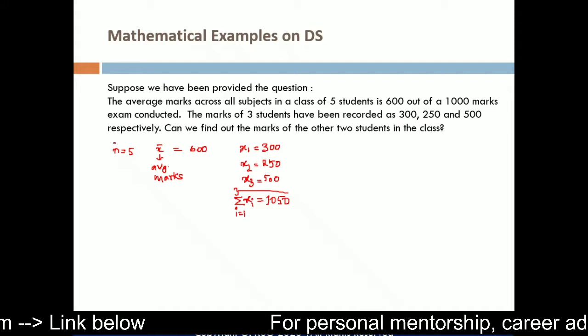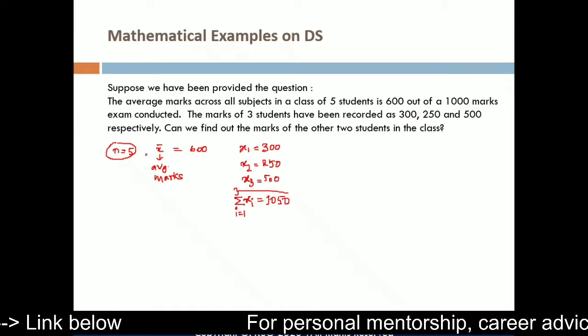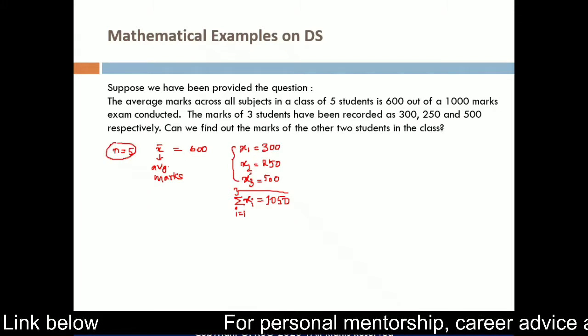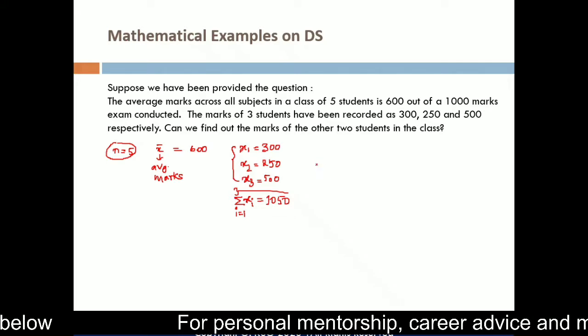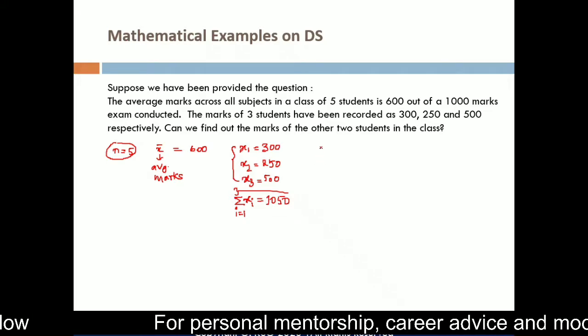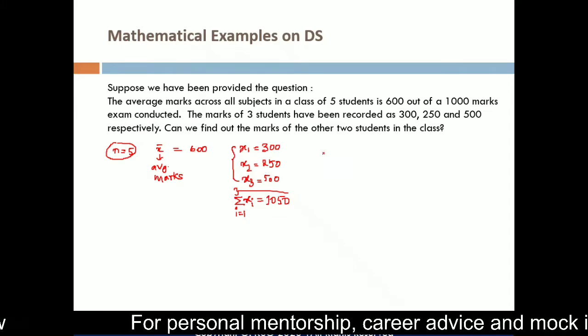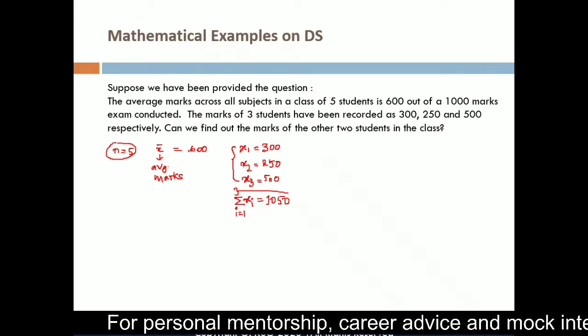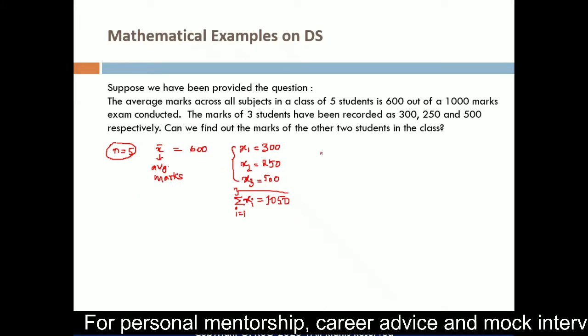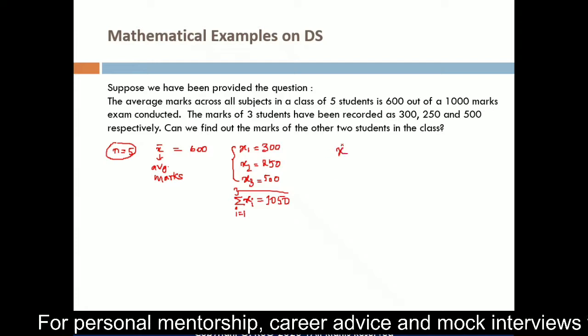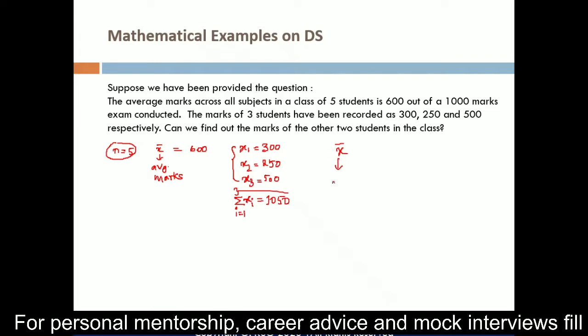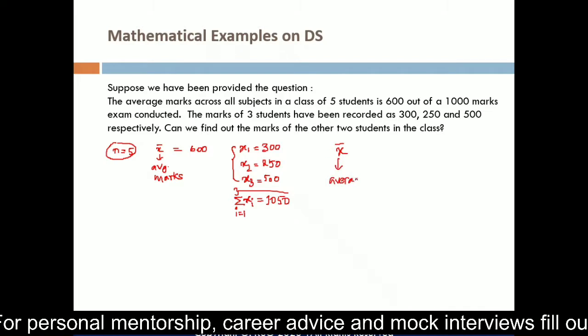So remember there are a total of 5 students, and you have been given the marks of 3 of the students. So to solve this problem, we have to first understand if we have all the required data to be able to solve this problem. So we have these pieces of information provided to us. The only thing that we know from this data is the value of x bar, or the mean, the average.